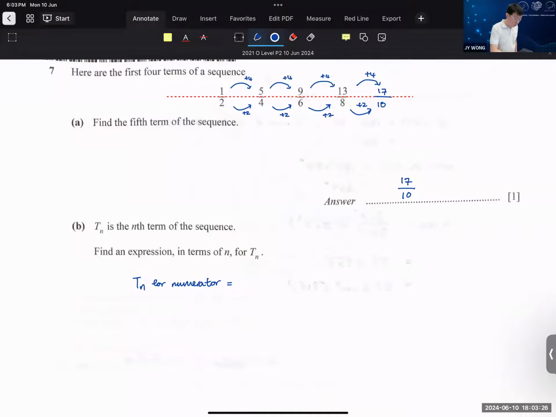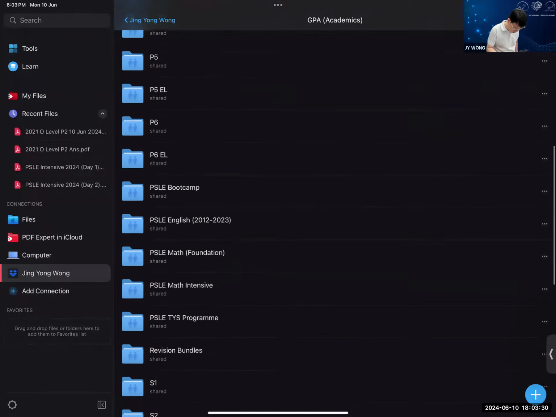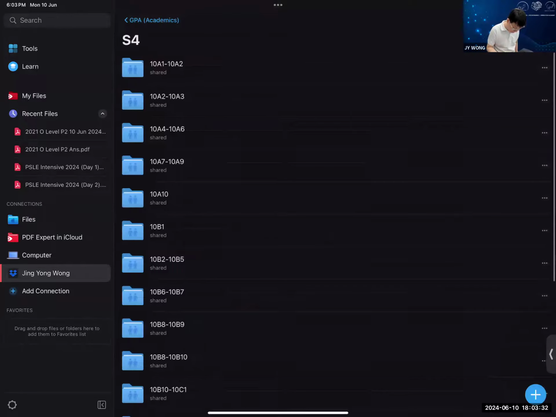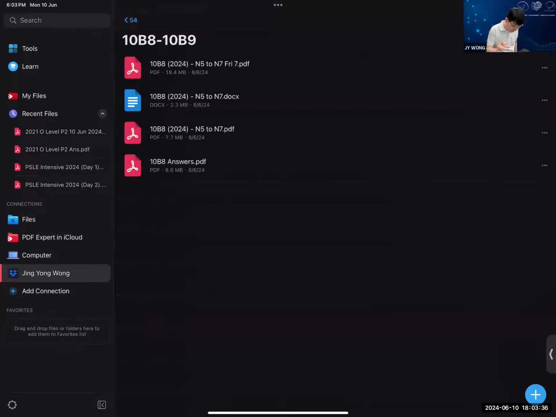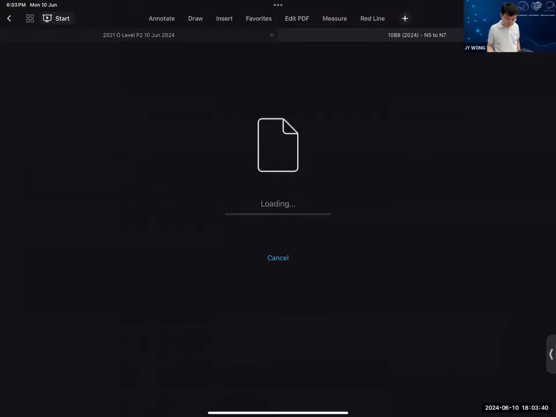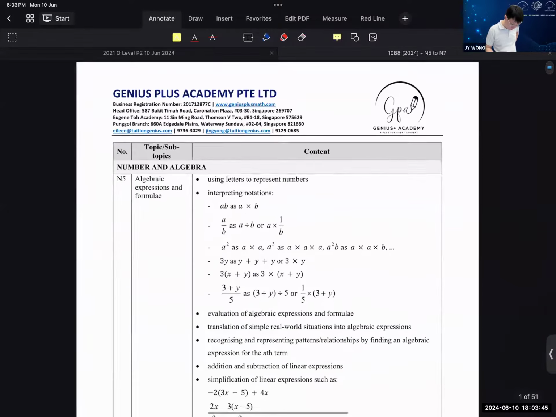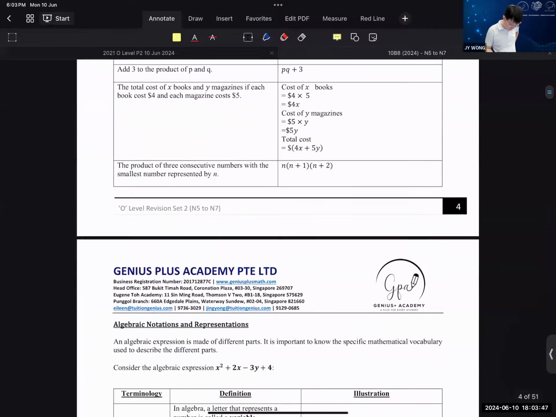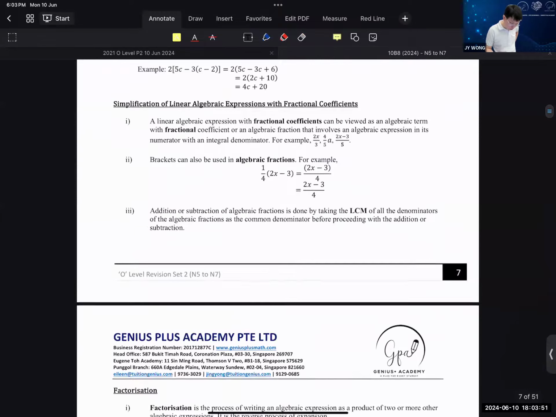Okay, if you don't know which set I'm referring to, it is this set. There are 10 million things there meant for you to read.